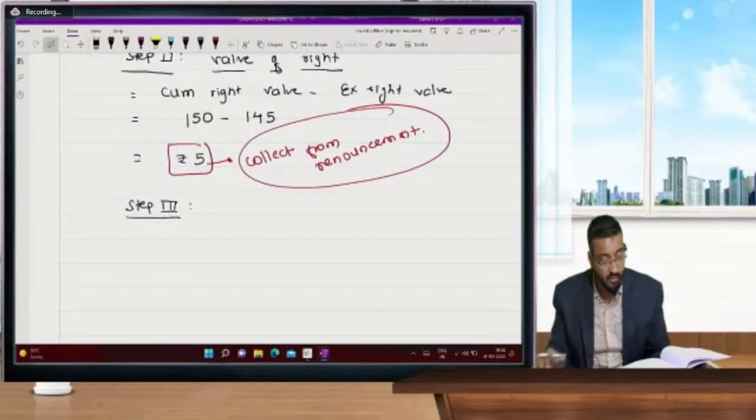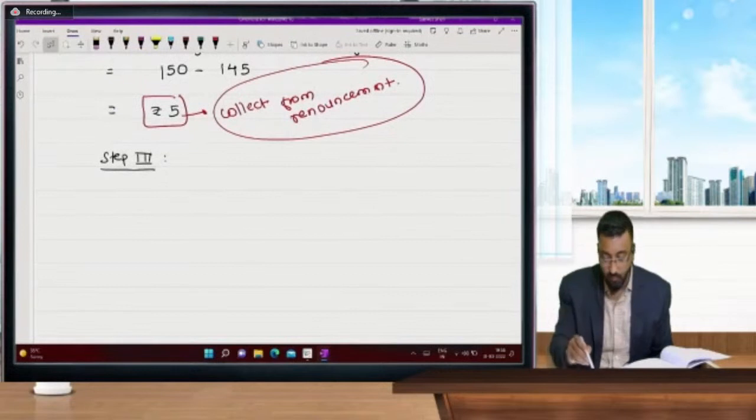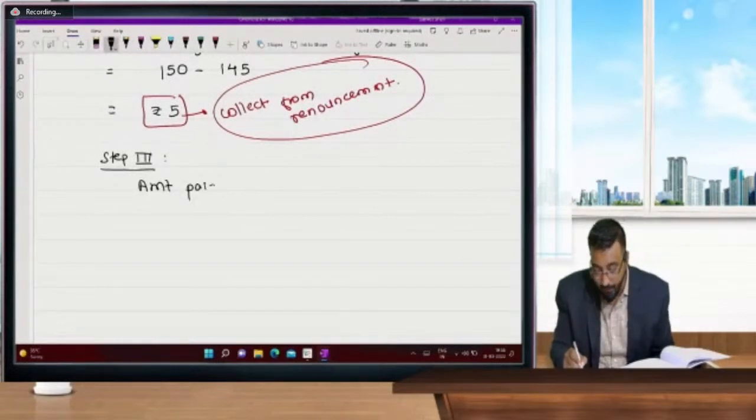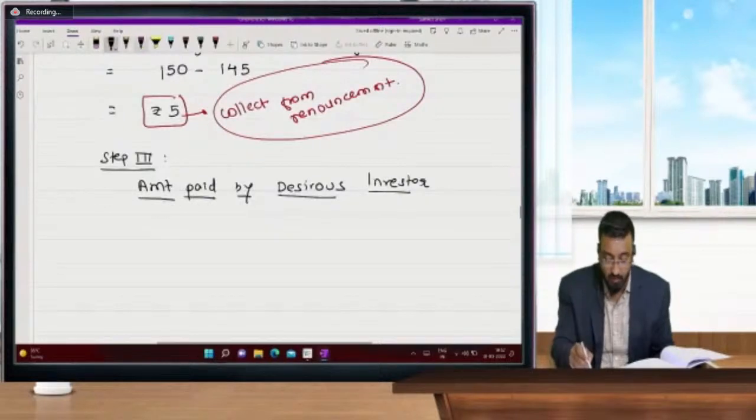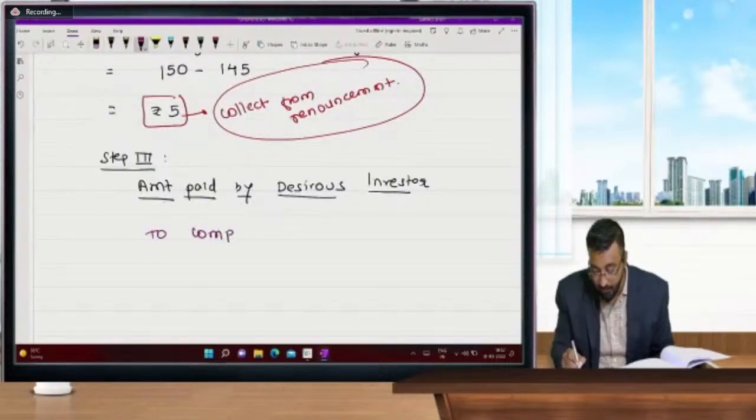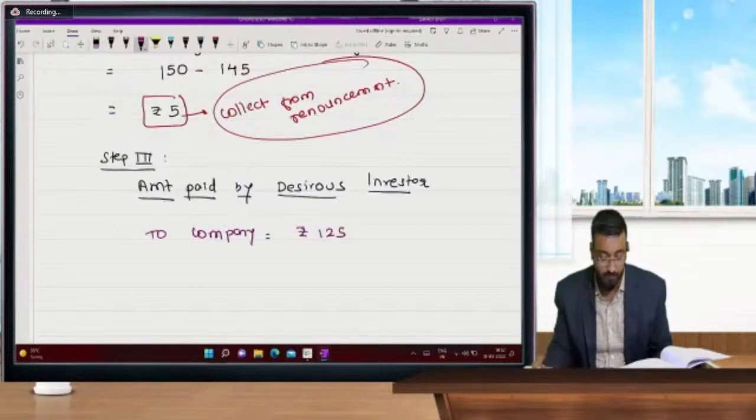Okay. So the amount paid by the desirous investor is step 3. How much amount will he pay? 5 rupees per share. He will pay the company rupees 125 because it's the right price.